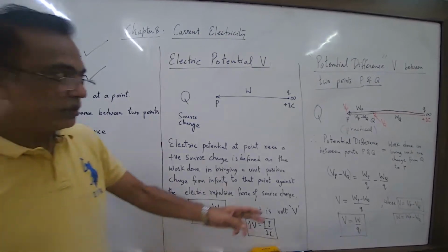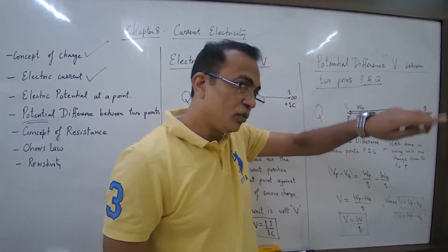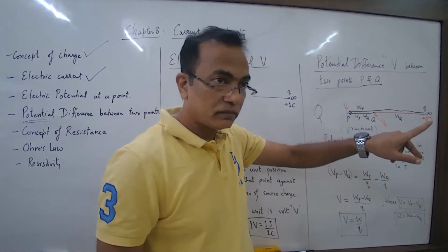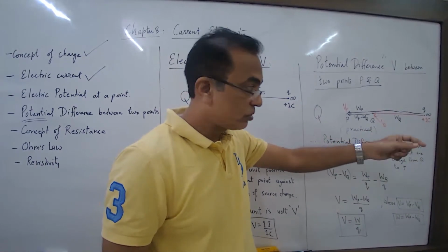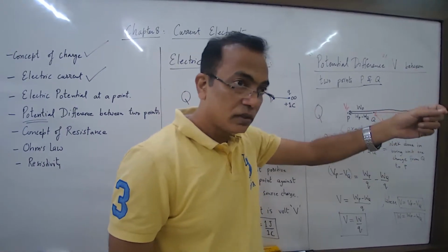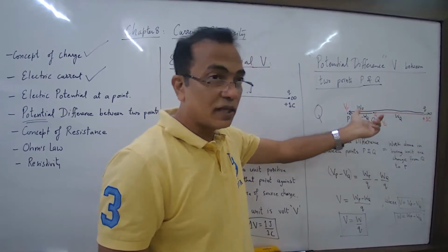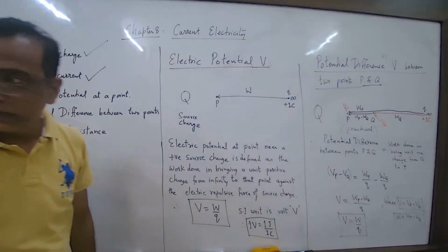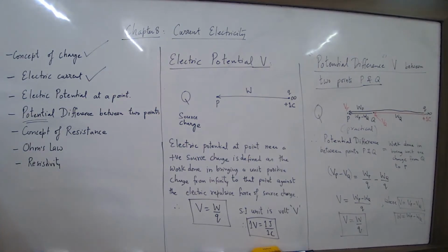So to answer your question, these 2 points could be any 2 points in the conductor. To move the electron, you have to do work. So who is doing that work? The cell. It will become more clear as we go forward.